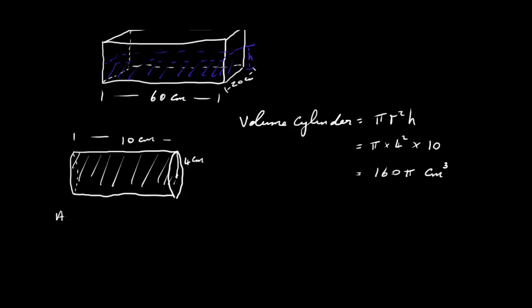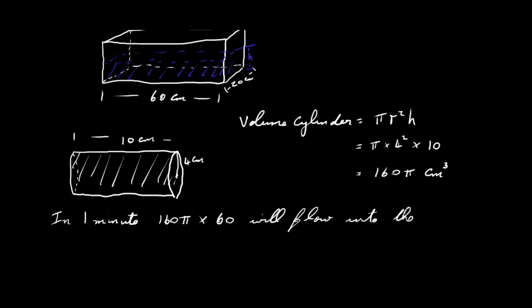So in 1 minute, 160 pi times 60 seconds will flow into the tank. This is how much water in centimeters cubed will have flown into the tank.